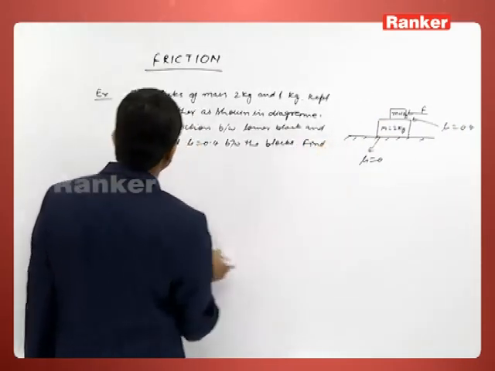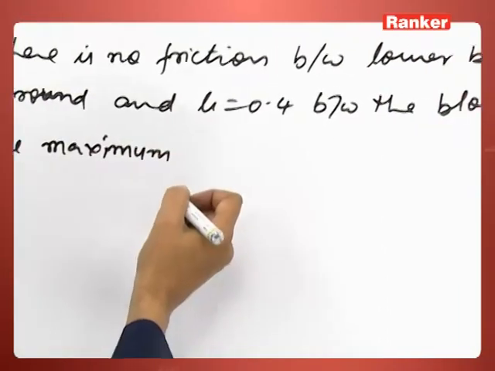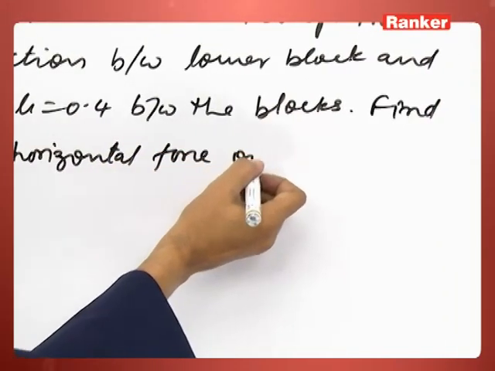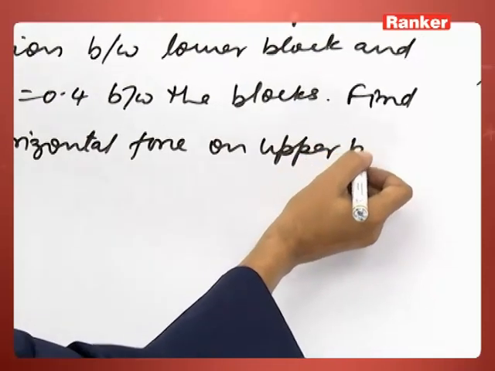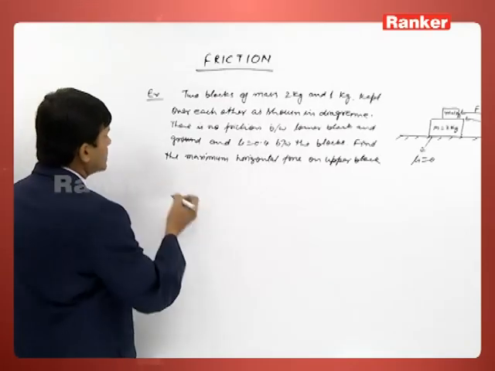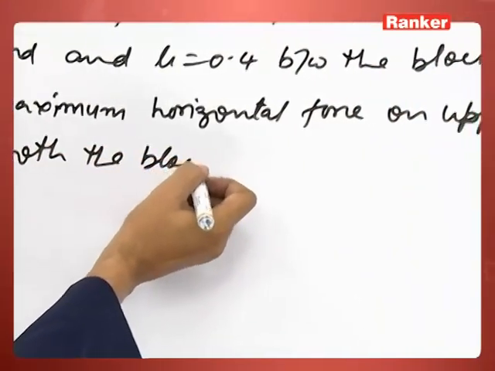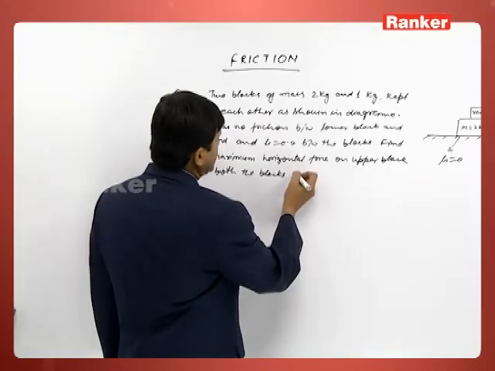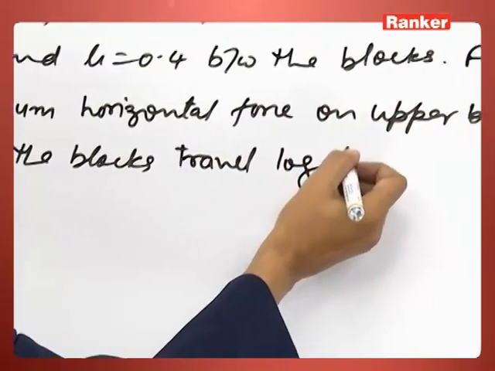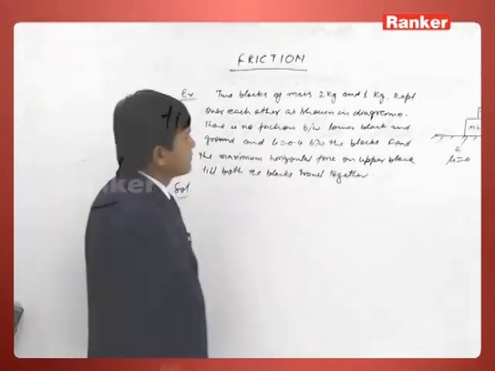Find the maximum horizontal force on the upper block till both the blocks travel together or move together. This is the main problem point here.